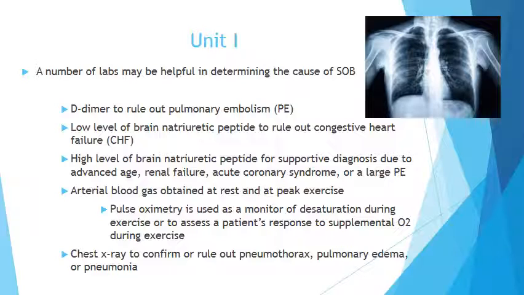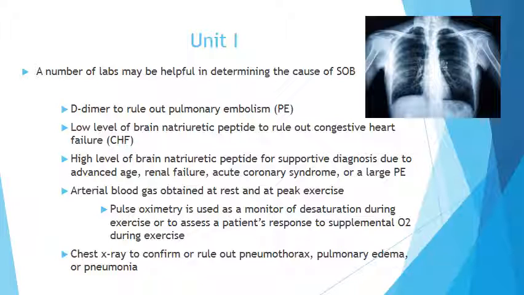Natriuretic peptide deals with excretion by the kidneys of high levels of sodium from the body. So if you have a low level of brain natriuretic peptide, that's usually a sign of congestive heart failure. However, if you have a high level of brain natriuretic peptide, it is for supportive diagnosis due to advanced age, renal failure, acute coronary syndrome, or maybe even possibly a large PE.